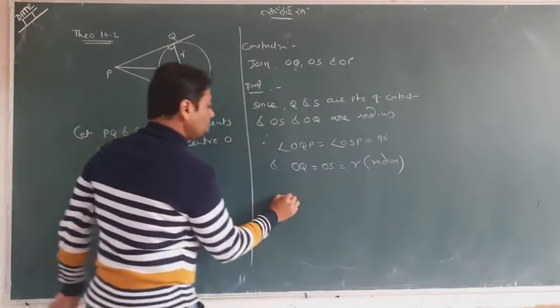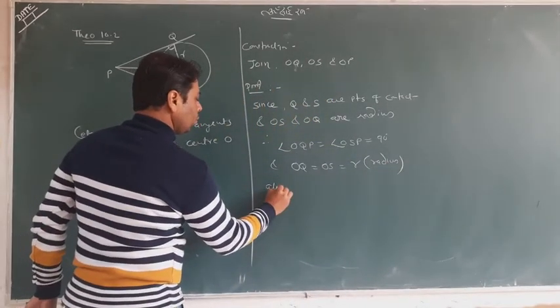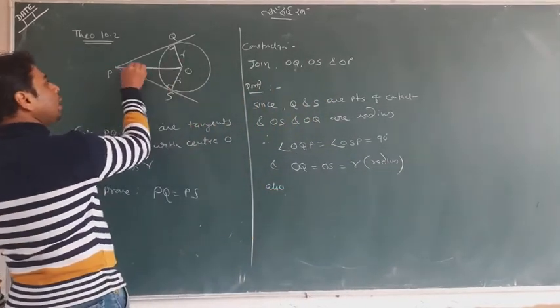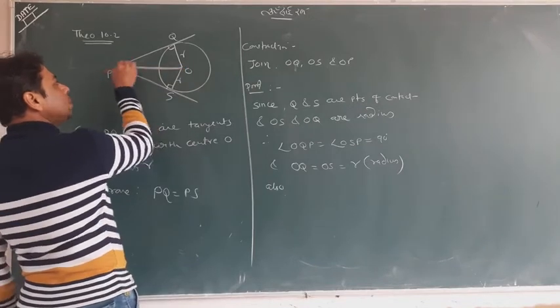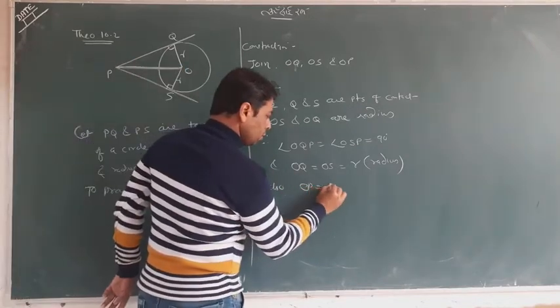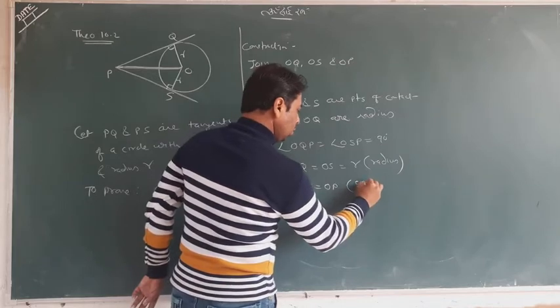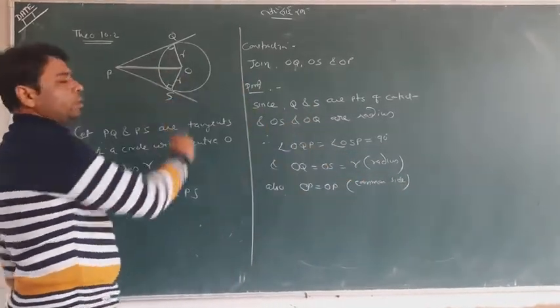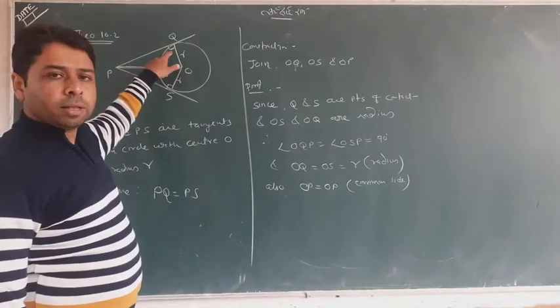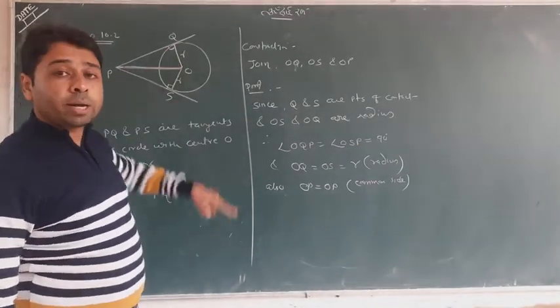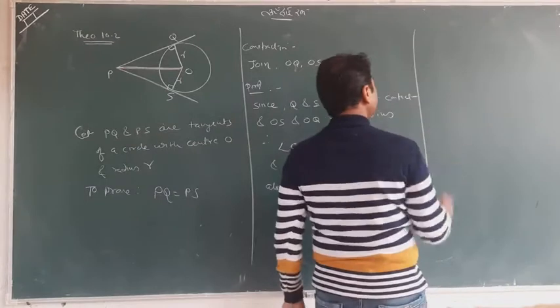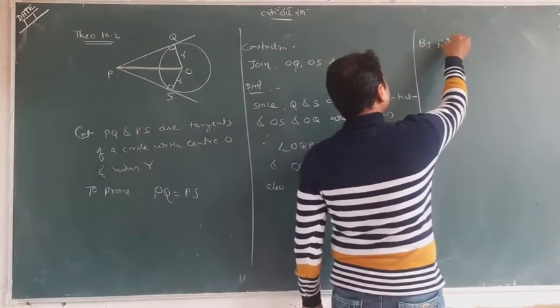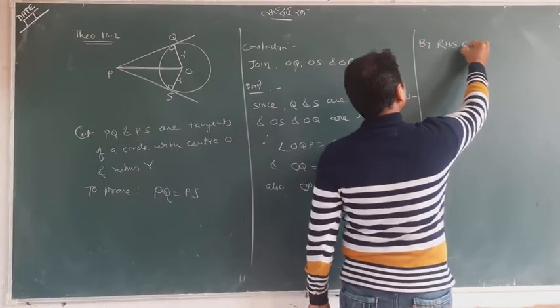And one more thing: OP is a common side. What do you think about these two triangles? This is right angle, hypotenuse and one side, so by RHS. I'll write here: by right angle hypotenuse side congruency.